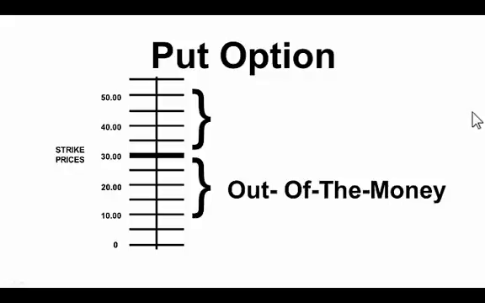A put option is considered to be out of the money if I own the stock at $30 and I bought a put at, let's say, $10. This $10 put is considered out of the money. If the stock price is at 30, anything below 30 is considered out of the money.